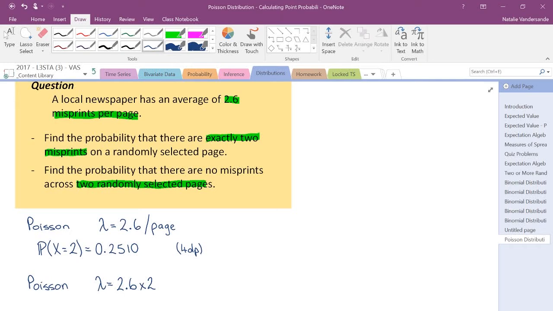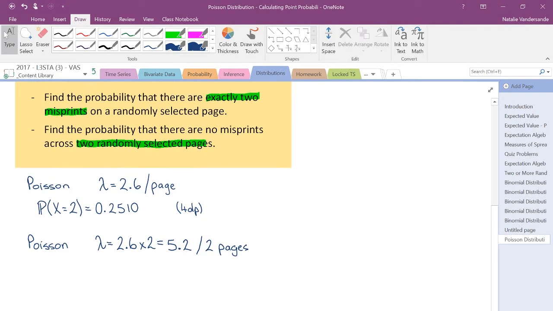So I need to make sure that our average is matching the 2 pages. Our probability statement this time is the probability that x equals 0, so there are no misprints.